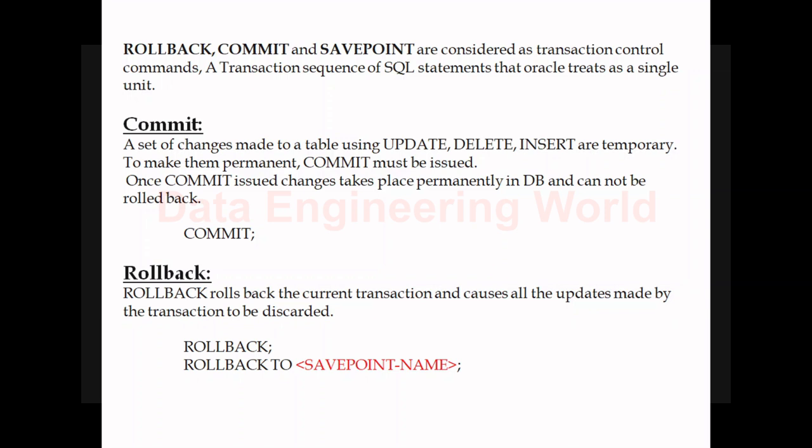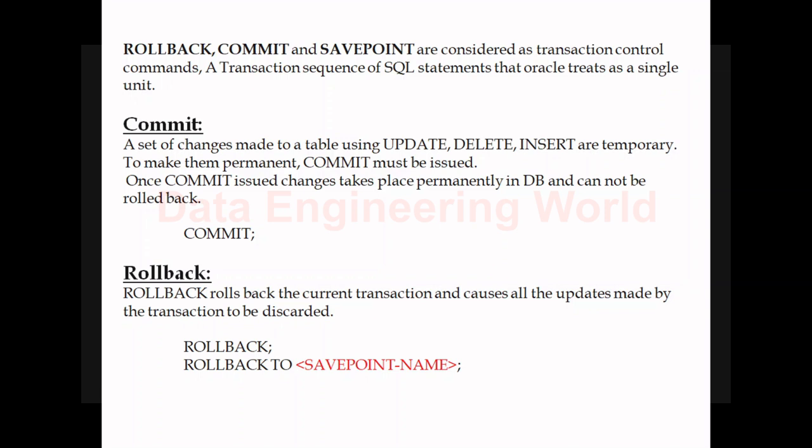To make these changes permanent in our database tables, we must issue a commit command. Once we issue the commit command, those changes take place in our database permanently and they cannot be rolled back.